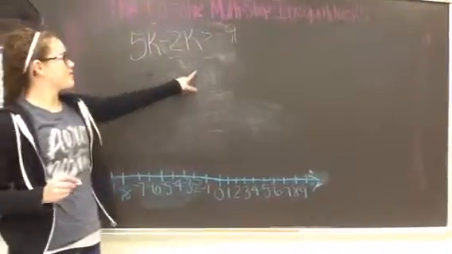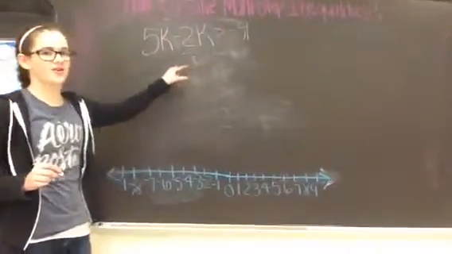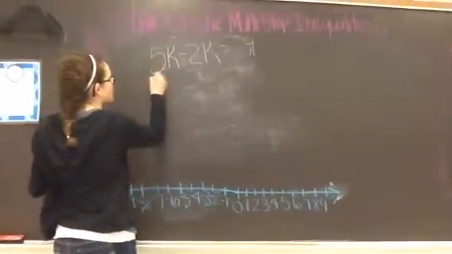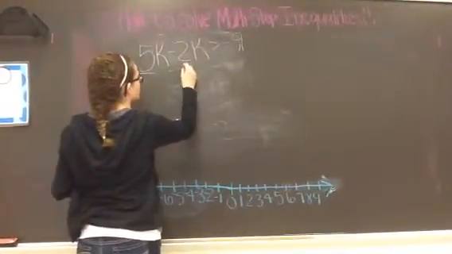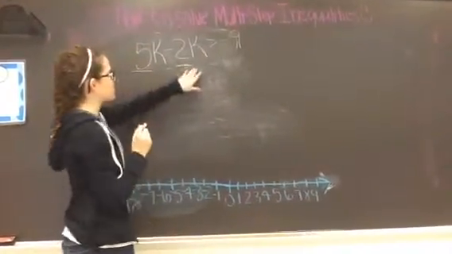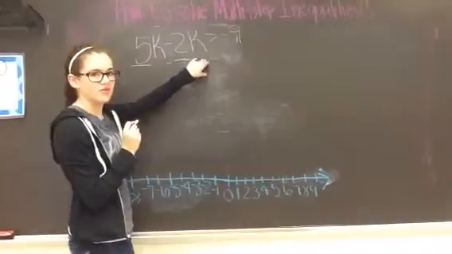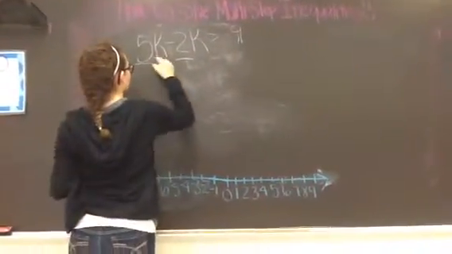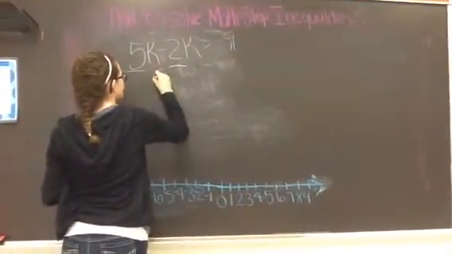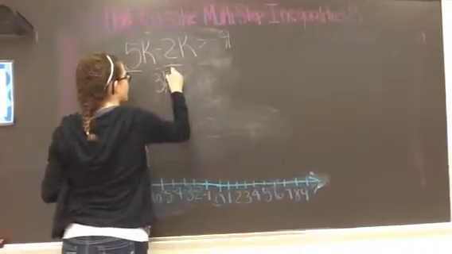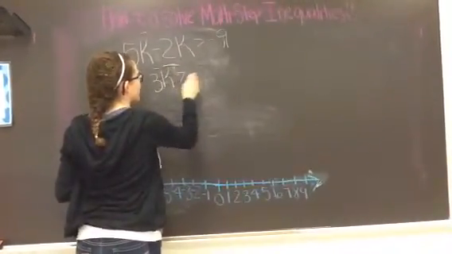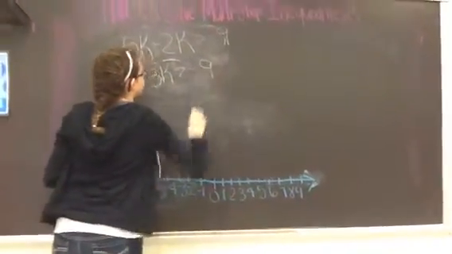So the first step that we're going to have to do is combine like terms. So that would be 5 minus 2, because those have the same variables. You're just going to combine like terms. So 5 minus 2 would be 3k is greater than negative 9.